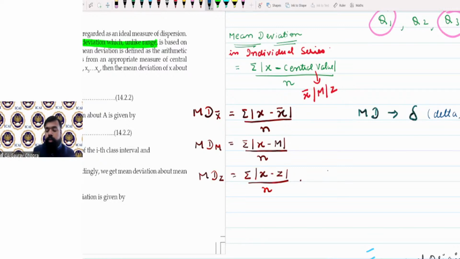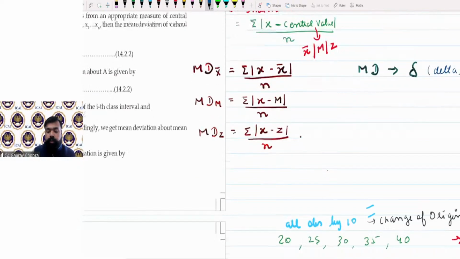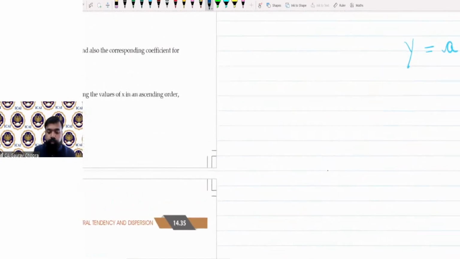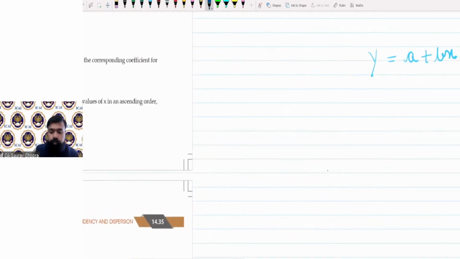So how will we calculate the mean deviation in individual series? Let us try. Here we are writing a series: 2, 4, 6, 8, and then 20. Now we have to calculate mean deviation from mean.